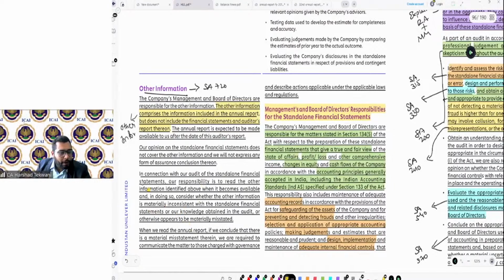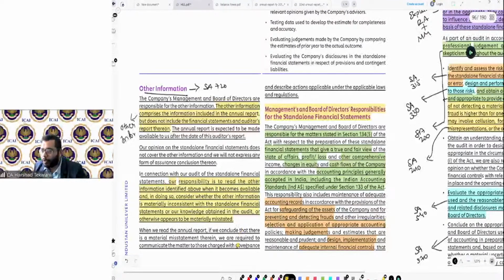In connection with our audit of the standalone financial statements, our responsibility is to read the other information identified above when it becomes available, and in doing so, consider whether it is materially inconsistent with the standalone financial statements or our knowledge obtained in the audit, or otherwise appears to be materially misstated.